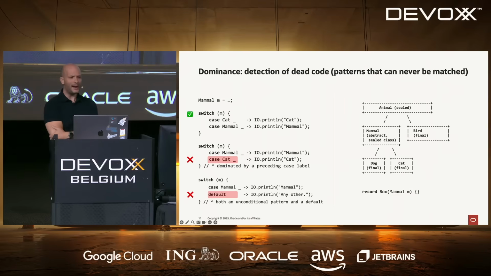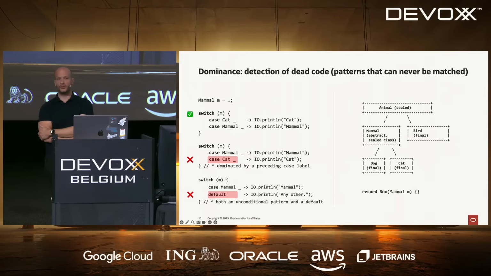So one important, interesting data point here, that dominance is a relationship about two cases. So we examine here that if one pattern is unconditional to the other one, then dominance will occur, in a certain order.